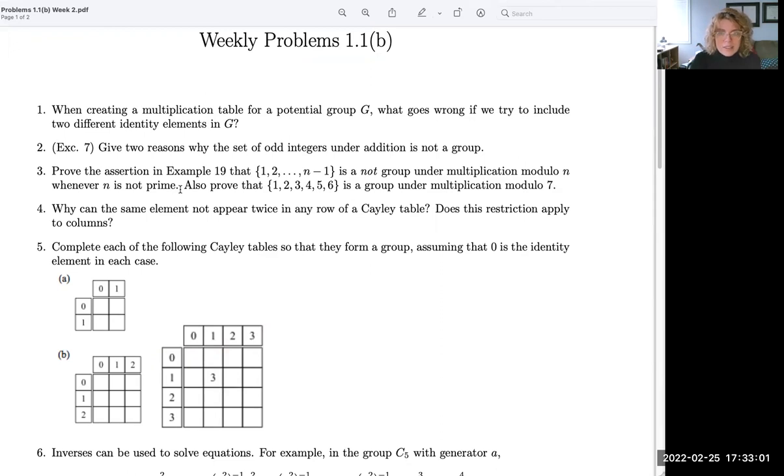In this case, remember that the associative property is pretty much always satisfied. So we can set that one aside. If something doesn't have an identity, then that one's a pretty simple one to bring up.